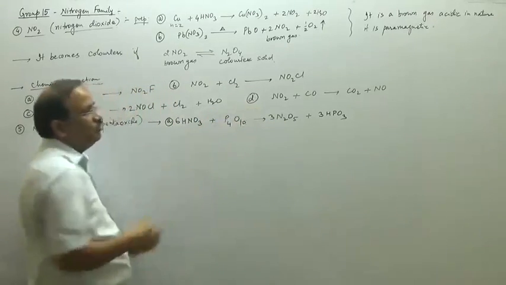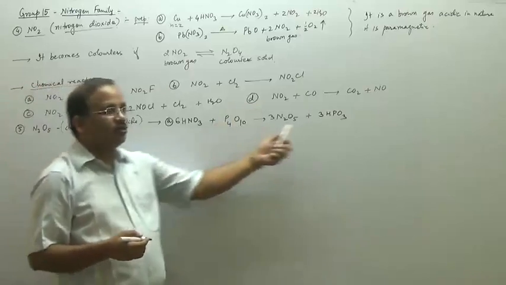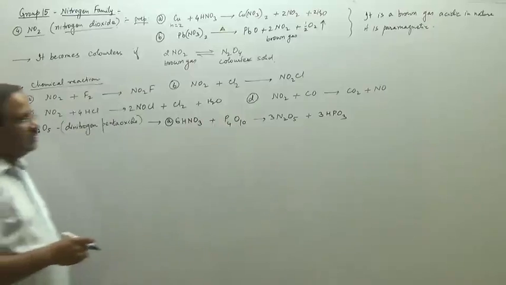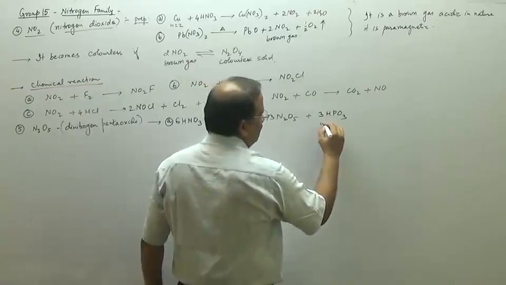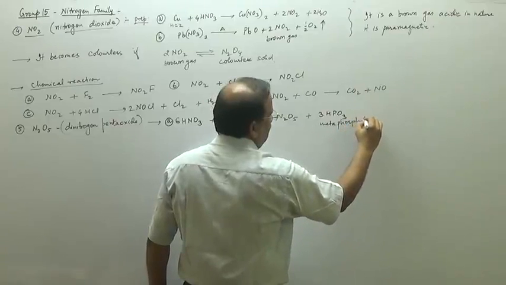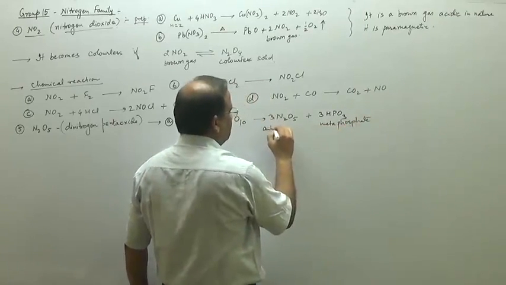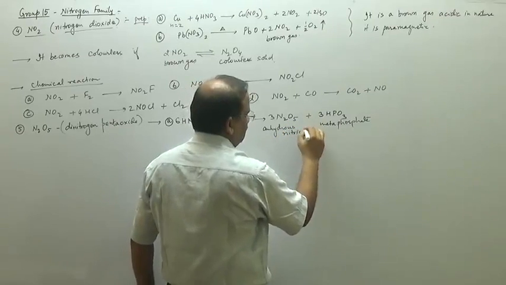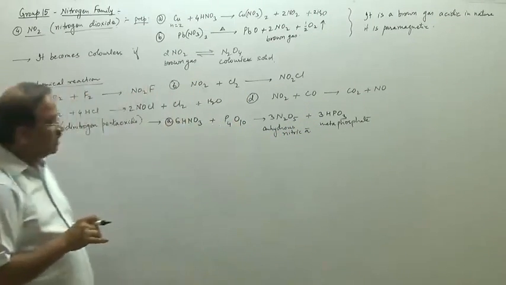Now you can add water, because that should be a dehydrated product. H3PO4 will react with N2O5, so we should get metaphosphate, and this is anhydrous nitric acid.